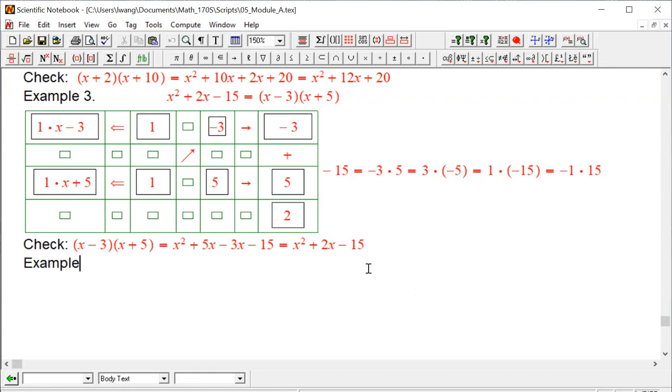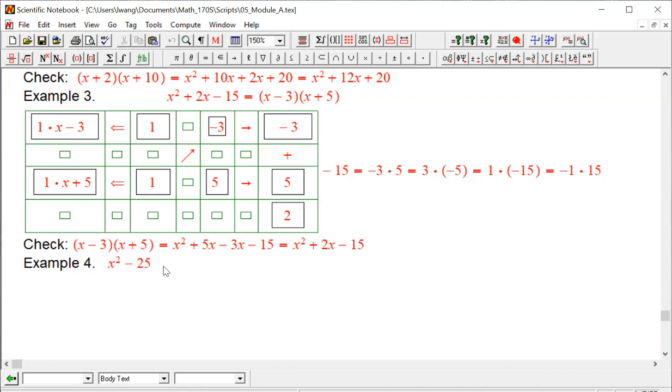Example number 4. Okay, suppose this time we have x squared minus 25. In this case, if you know the special formula, you can just go ahead and factor it.